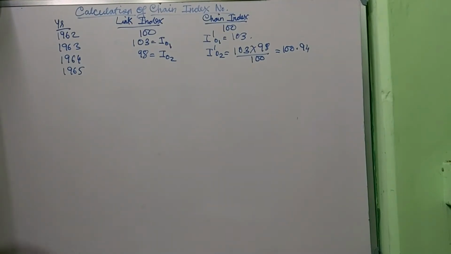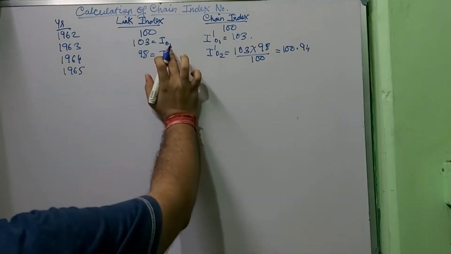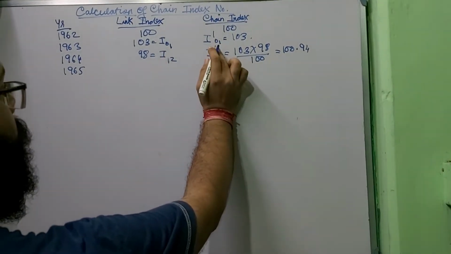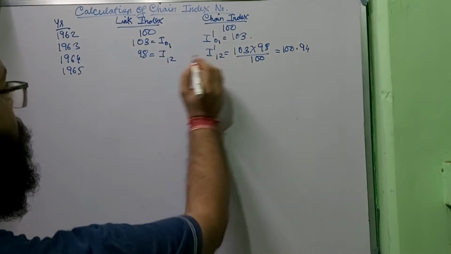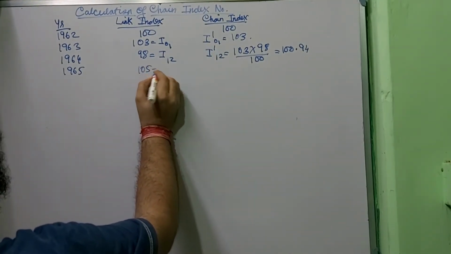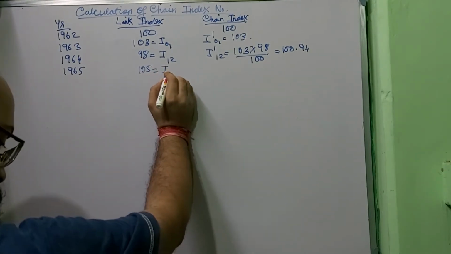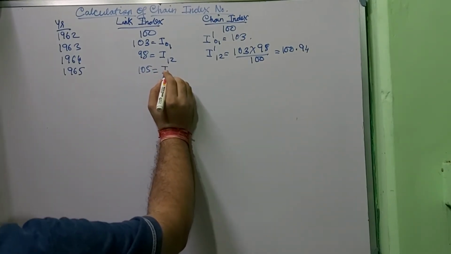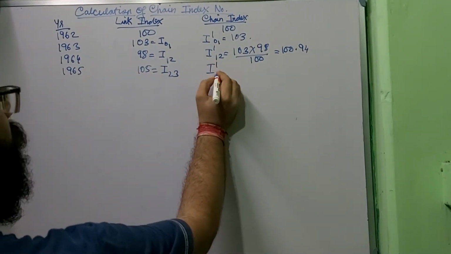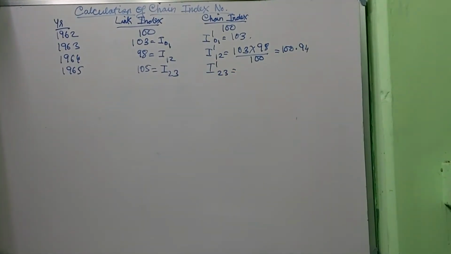For 1965, this is 1, this is 1, 2, this is 1, 2 dash. Next is given 105, which is obviously I23. I-23. Why 23? Because second on the basis of third.